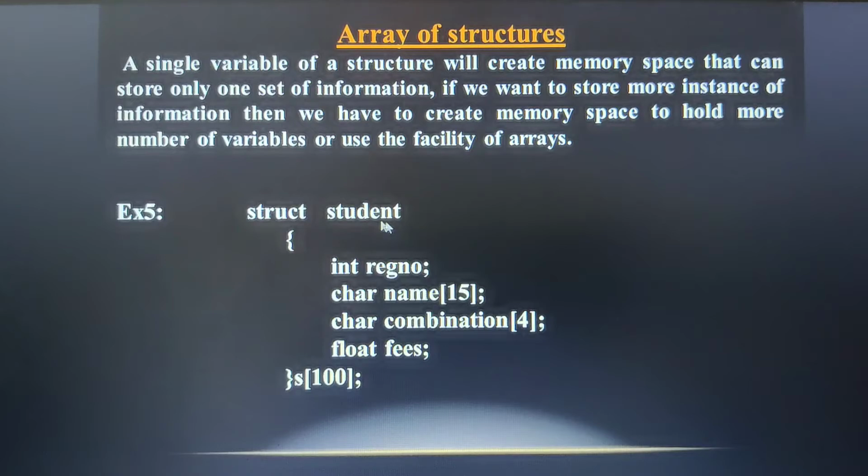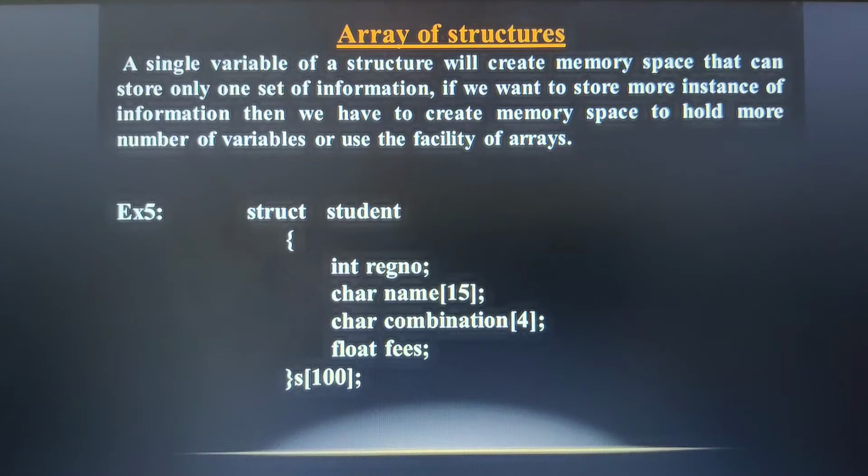This is the structure name, and we have the members of the structure like register number, name, combination and fees. But look at this particular structure variable, s, followed by the size. Now here s is a structure variable which is of type array, and it can store the data of around 100 students.